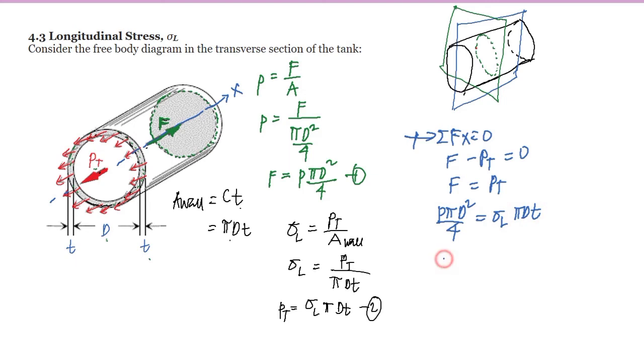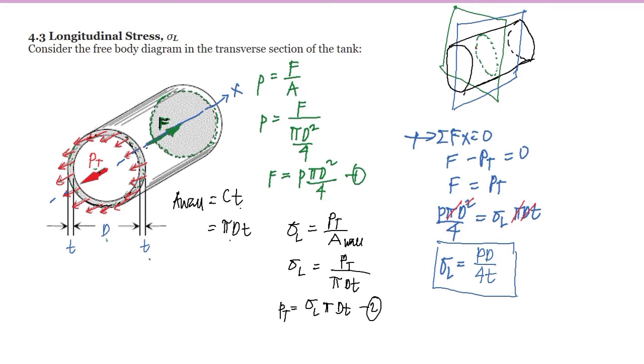Expressing this in terms of longitudinal stress, we cancel pi and cancel one diameter, and we have PD over 4t. This is our equation for the longitudinal stress.